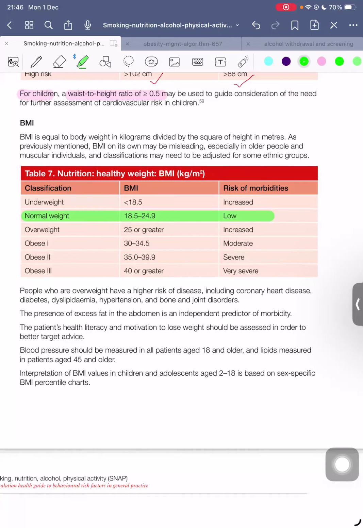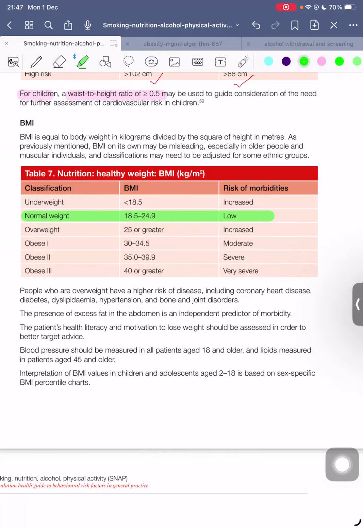Normal weight is 18.5 to 24.9. Please remember this. If the patient is less than 18.5, that means underweight.